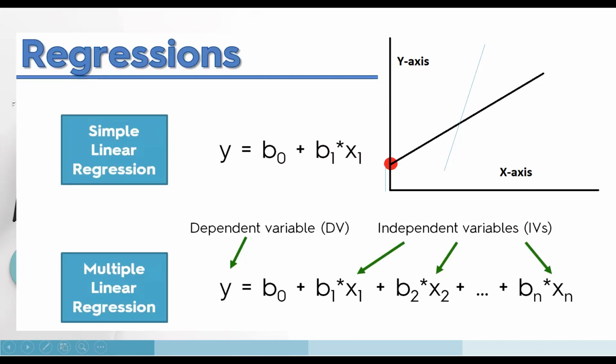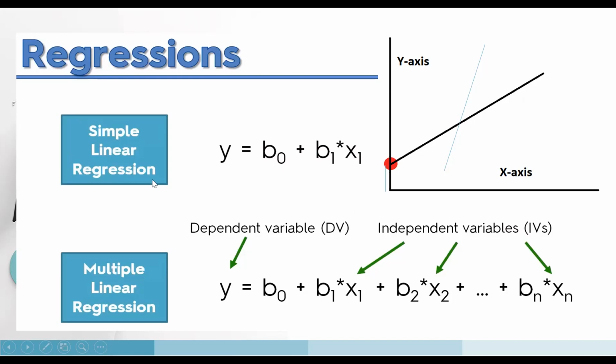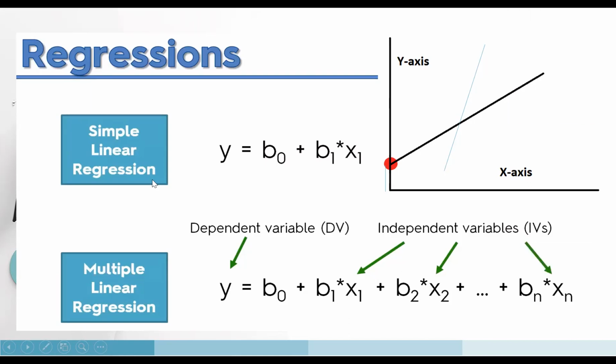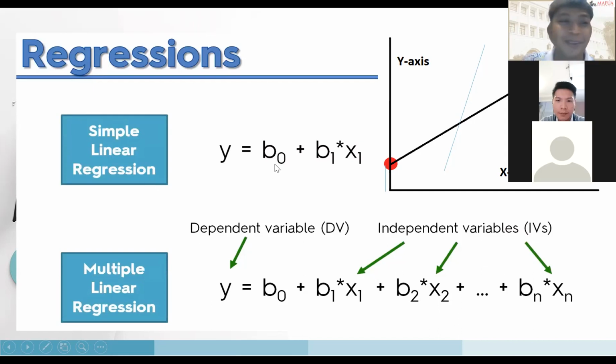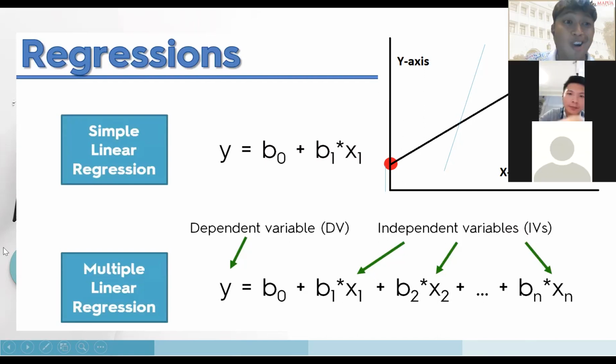Don't worry, we just start from the super basic, right? B0, what is B0? Bufuji, yes, you can say that is just one constant value.